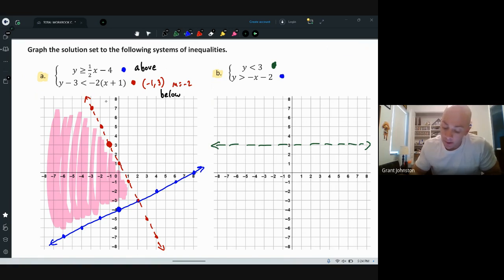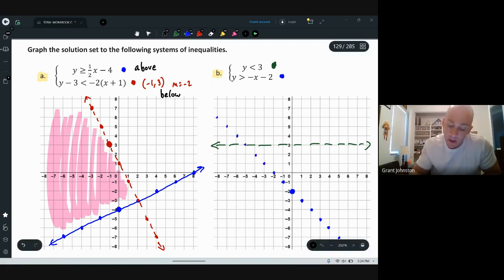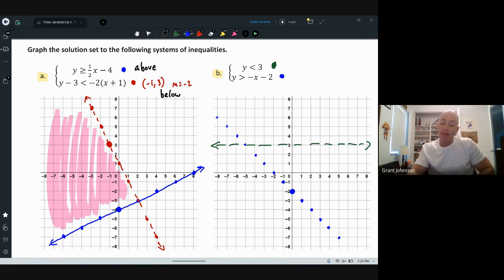It's got a y-intercept of -2 and a slope of -1, so down 1/1. Continue that pattern this way. And it's greater than that line, so it's not equal to, another dashed line. Okay, so the green one says y is less than, so I'm going to shade below the green.